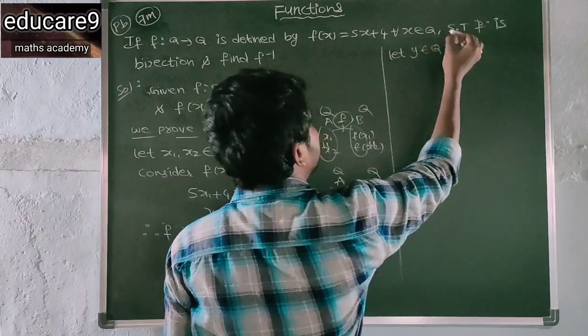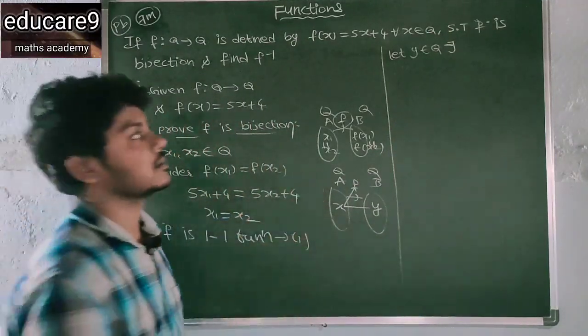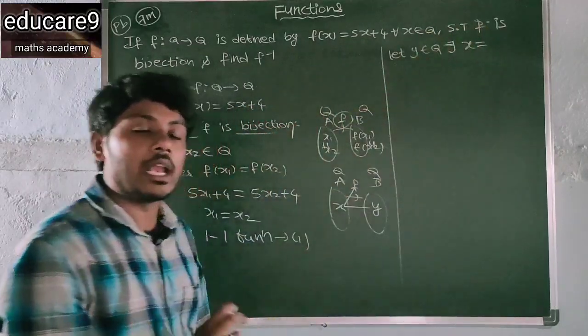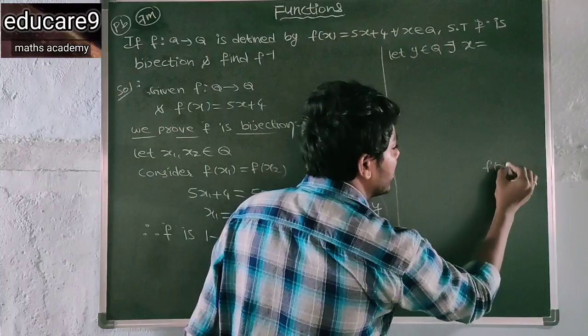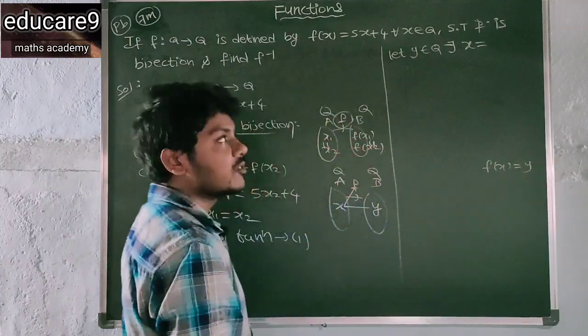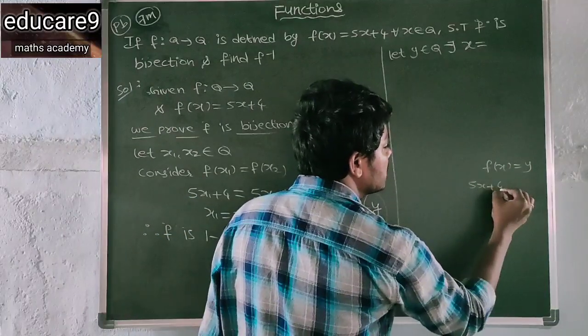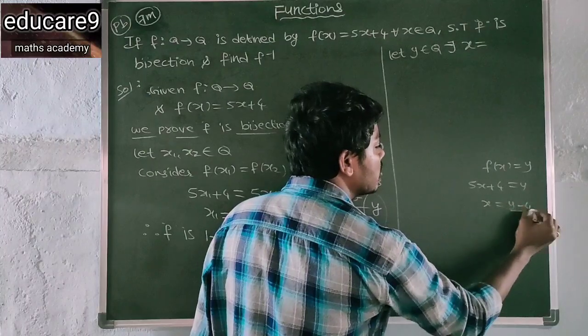Then definitely there exists some element in the domain, that is x. Now how to consider the x value? See here, for that we have to write f of x is y. What is f of x? 5x plus 4 is equal to y. From this x is equal to (y minus 4) by 5.